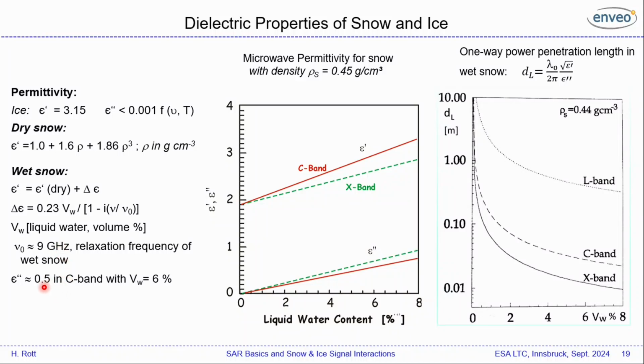And for example, I've written down here that for sea bed, for volumetric water content 6%, epsilon double prime, the imaginary part, is 0.5. And we come up with these curves.